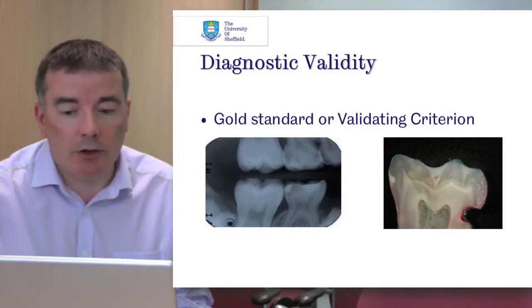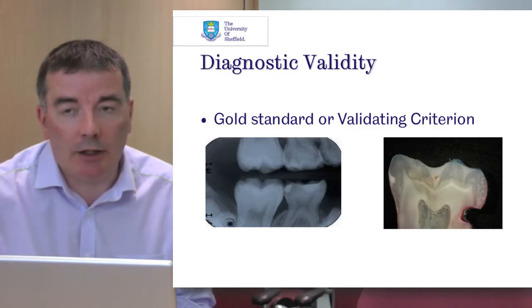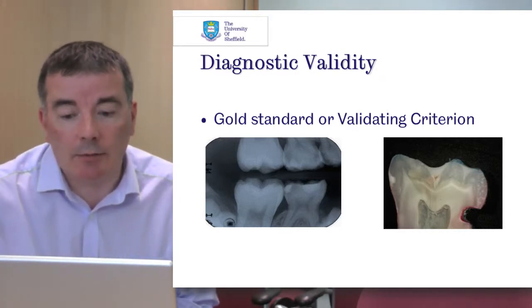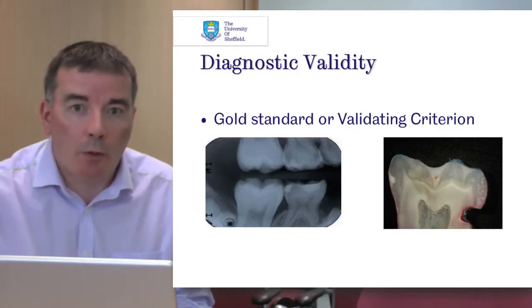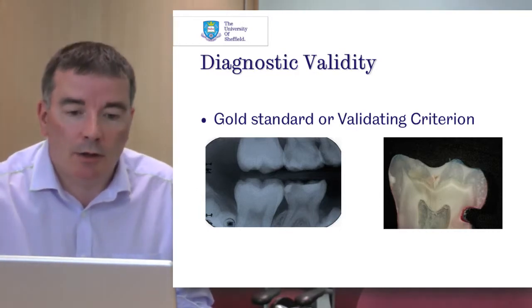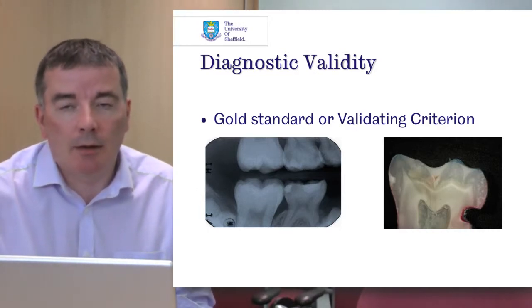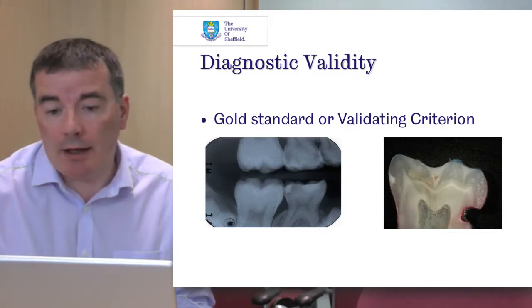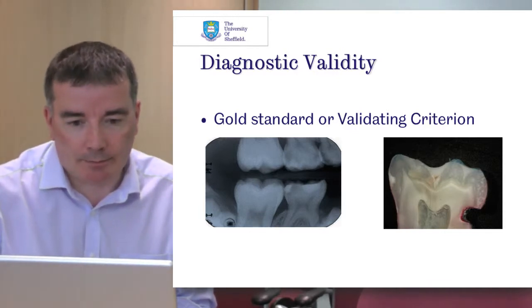And obviously histology is a superior method of validation to radiographs. I'm sure you can think of other examples from other areas of research where you might choose between different validating criteria, but each one would have its advantages and disadvantages, and one of them will always be the best, or the gold standard.